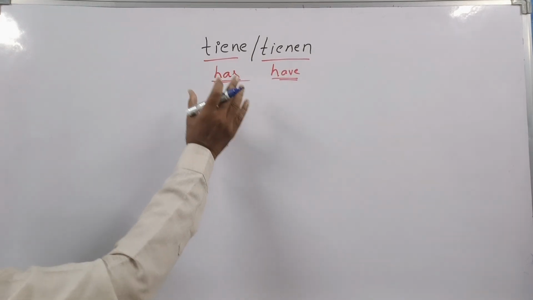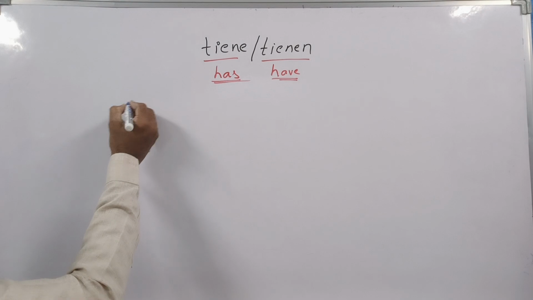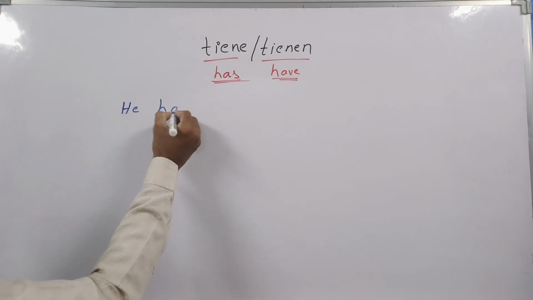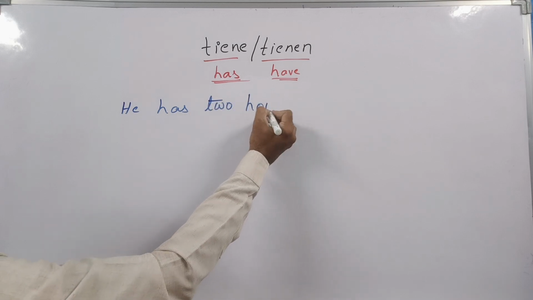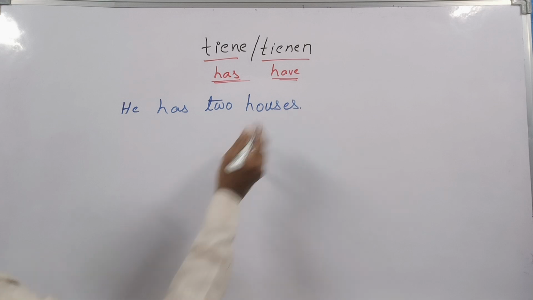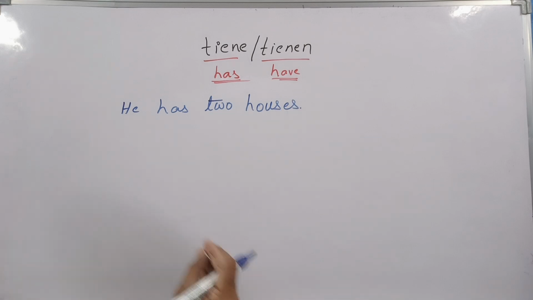Let us take the first example. If I have to say, "he has two houses", how to say it in Spanish?